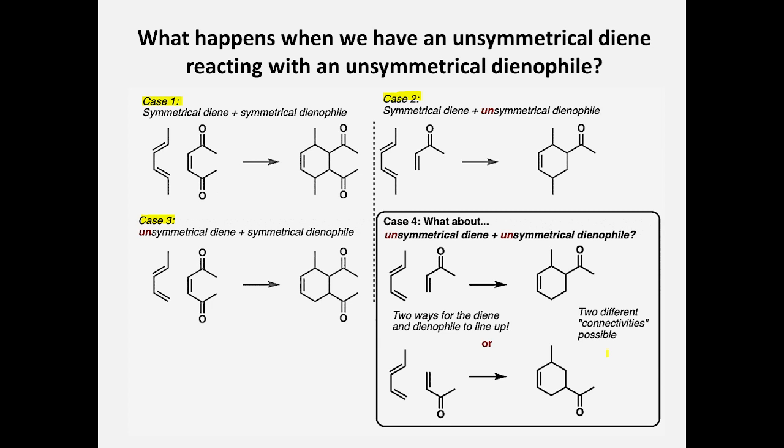For example, first it can be head-to-head, and in such cases the methyl group of the diene and the carbonyl bond point of the dienophile are in the same direction, giving the top product that we have in the 1,2 substitution product.